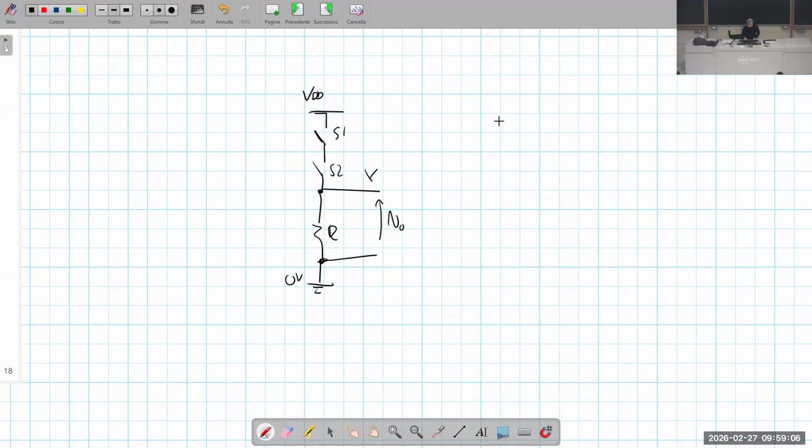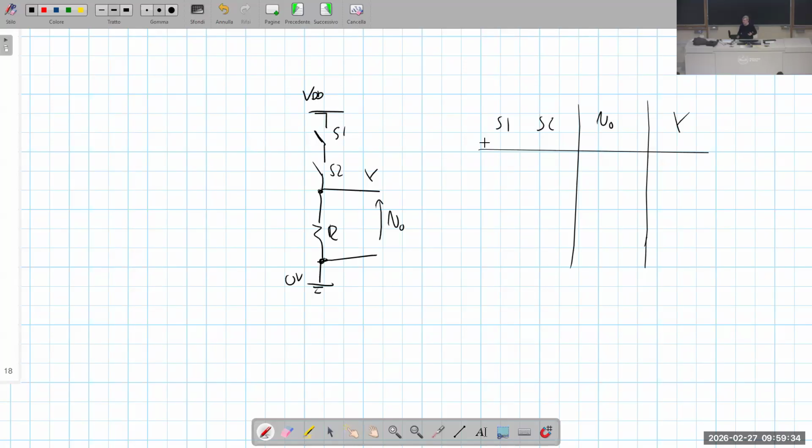Let's discuss what is the output voltage VO, and the corresponding value of the logical variable Y, depending on the state of these two switches, S1 and S2.